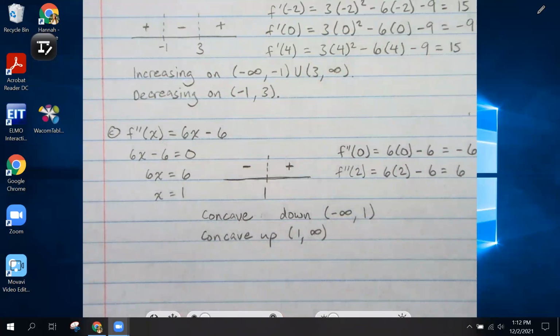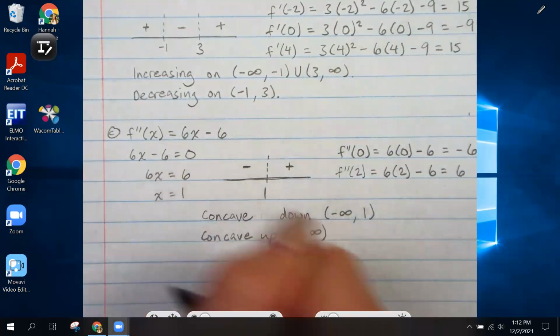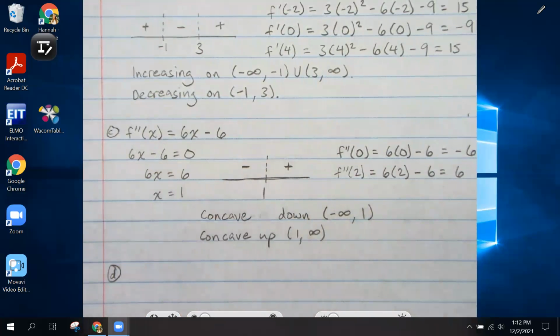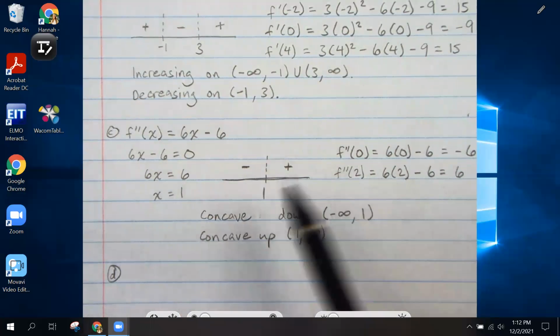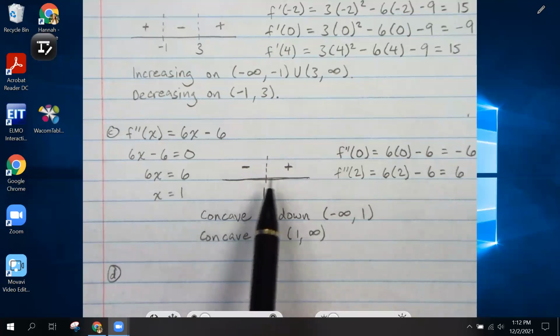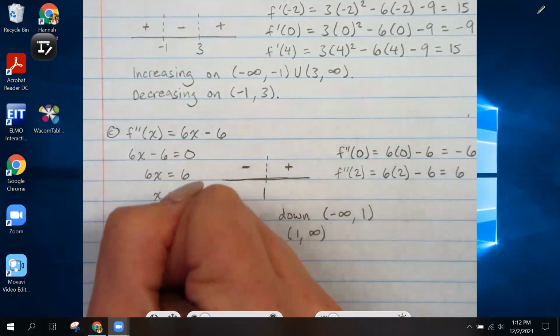Part D is asking to determine any inflection points. Inflection points are where the function changes from concave up to concave down, or from concave down to concave up. So in part C, it changes from concave down to concave up at an x value of 1.